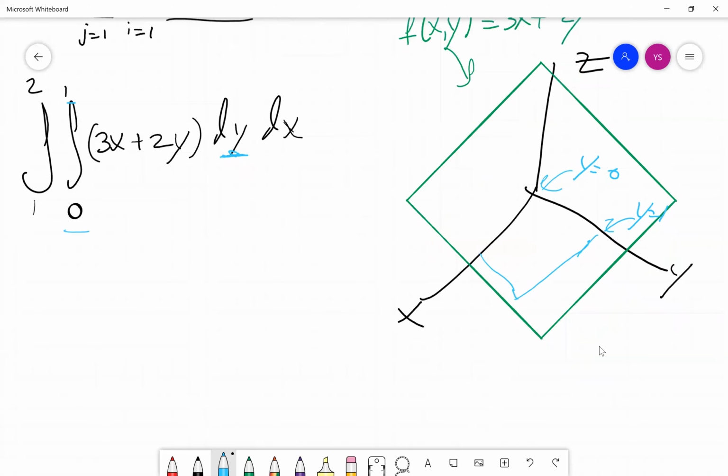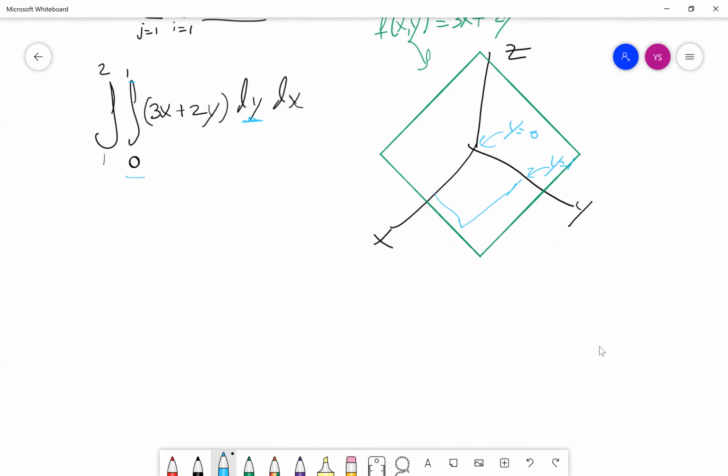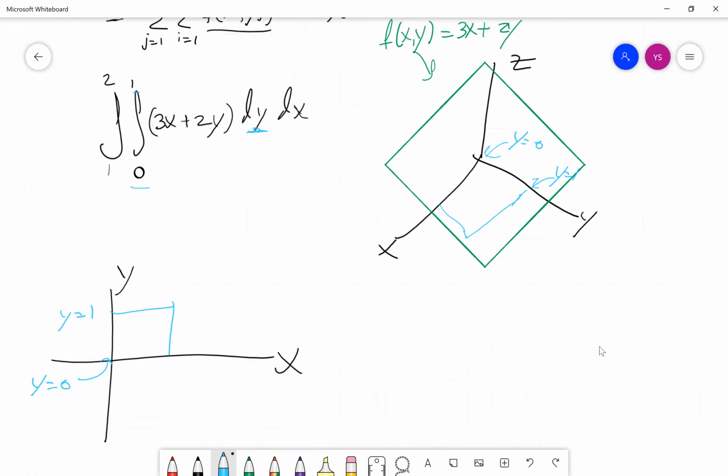If you wrote the domain in 2D, here is your coordinate system, x, y. This is your domain that you're integrating over, and y is going over here from y equal to 0 up to y equal to 1. That's the first part. Then we integrate in the x direction. That's the dx.